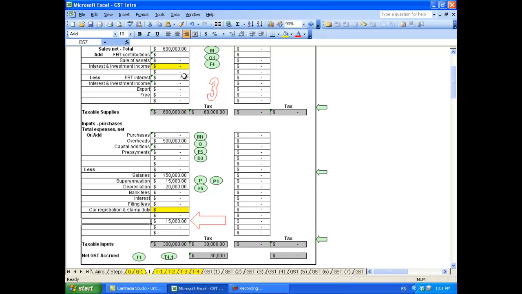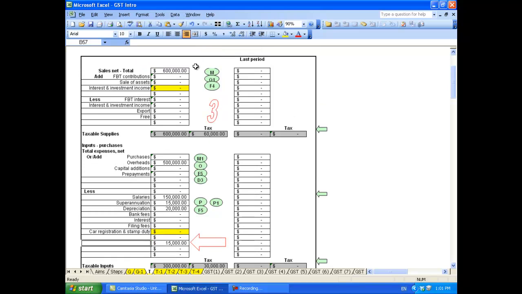The idea here is that the total GST on sales is calculated, and any items that do not have GST in the sales are taken out to obtain a net taxable supplies figure, or the tax on supplies.